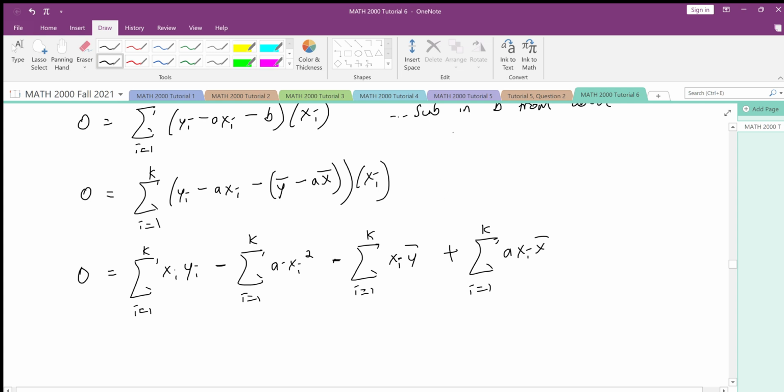But we could view a, x bar, and y bar to be constants. So here's what I mean. So divide by k, multiply by k, you get this.